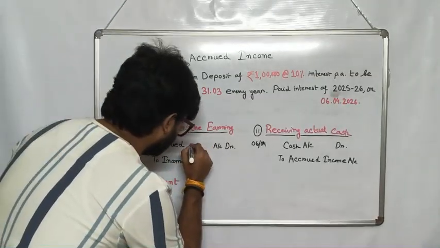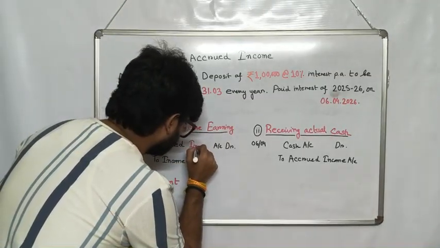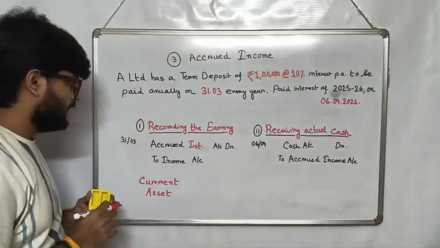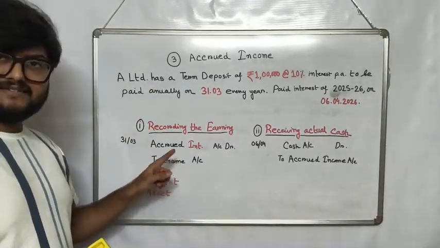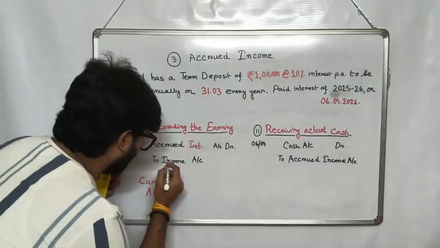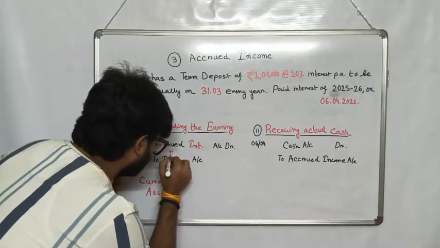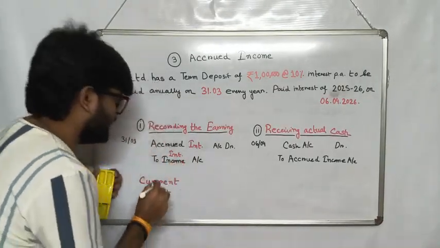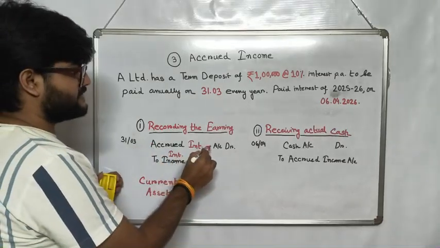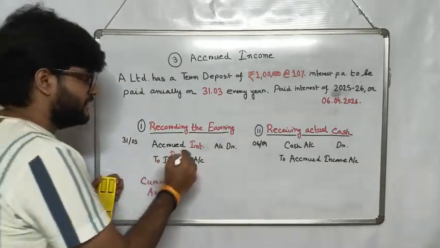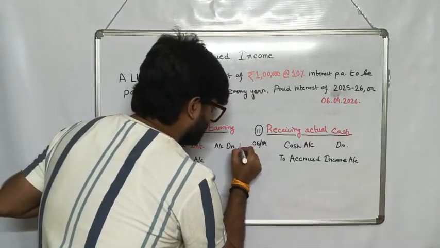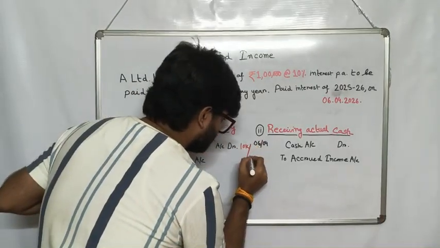And now the income will change into interest income account. So the entry is accrued interest account debtor to interest income account, rupees 10,000 each.